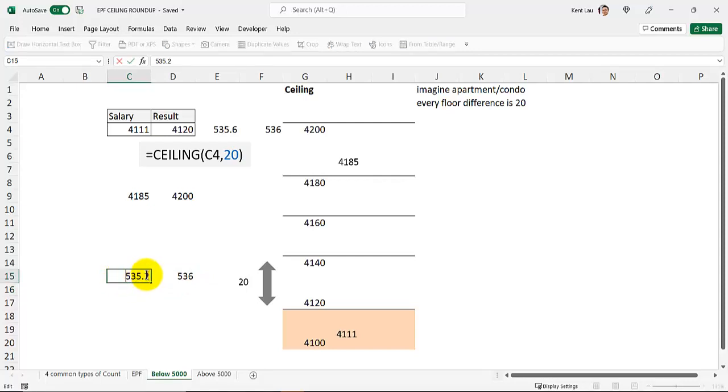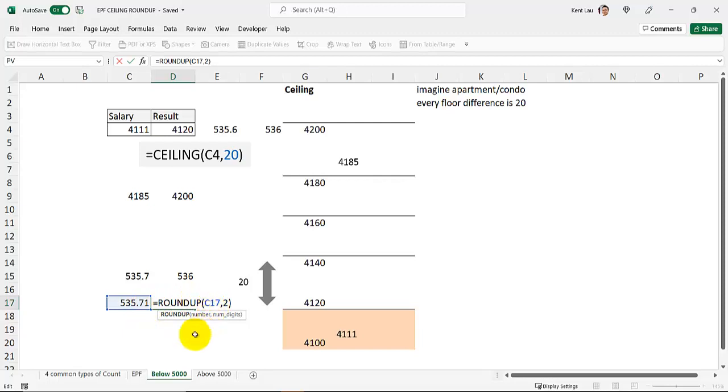Whether it's 535.2, 535.3, it will always be 536. And if it's 535.7, also 536. That is round up. Now if I have 535.71, and I put at round up, click on this here, and I put 2, guess what?